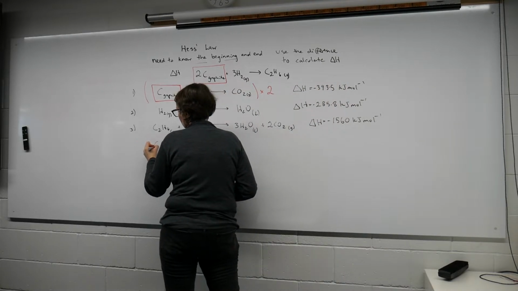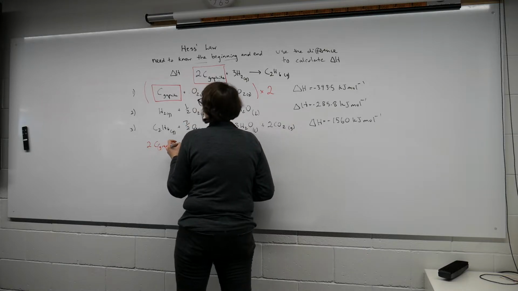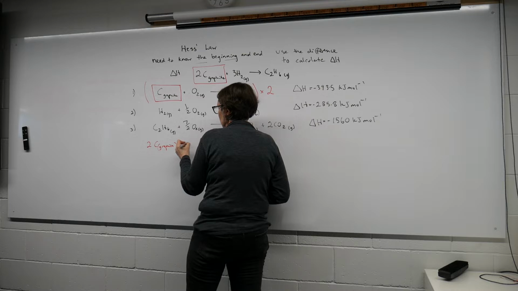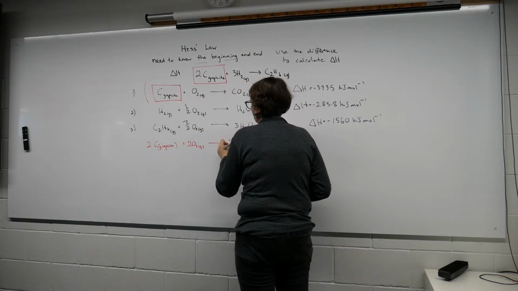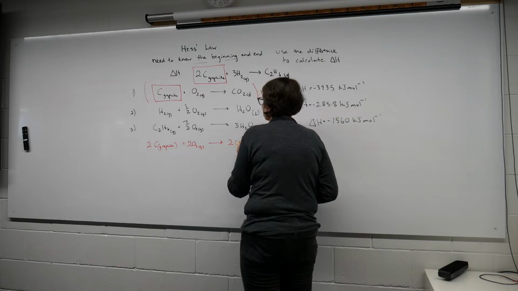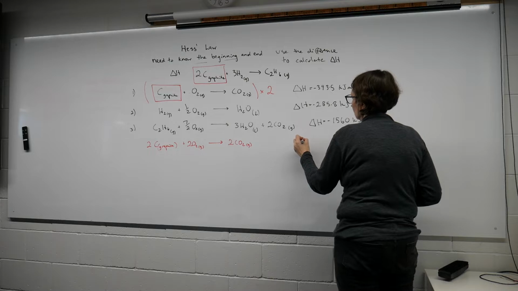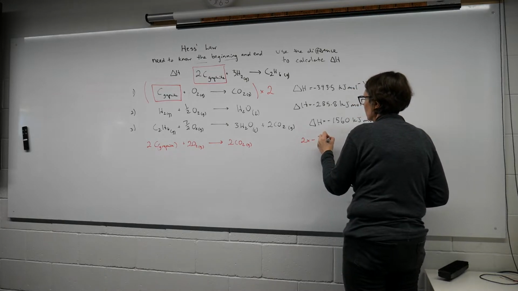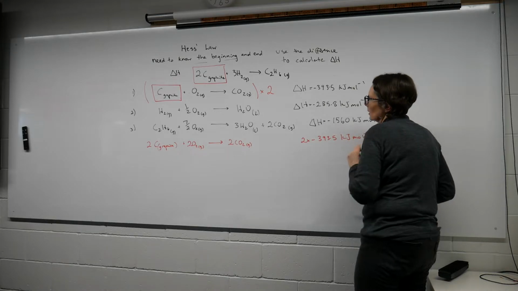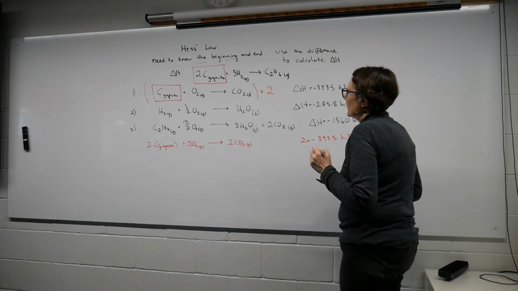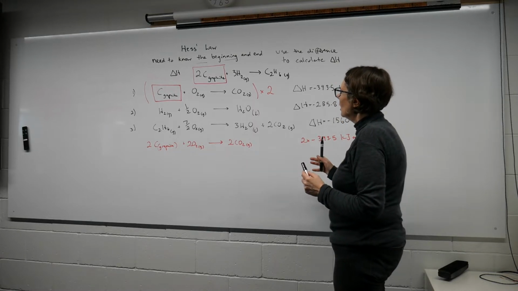So I'll end up with 2 carbons as graphite plus 2 oxygens, and it's going to give me 2 carbon dioxides. It's also going to double this. It's going to give 2 times minus 393.5 kilojoules. Yeah, and so that's one thing that I've got.